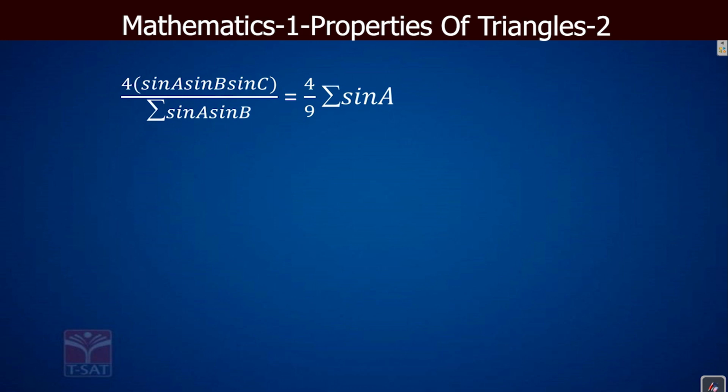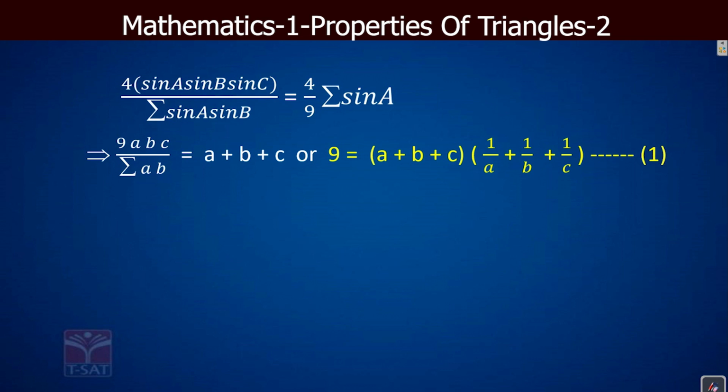Now sin 2A plus sin 2B plus sin 2C, you know, is 4 sin A sin B sin C. So 4 sin A sin B sin C by sigma sin A sin B is equal to 4 by 9 into sigma sin A. So the 4 will cancel, 9abc by sigma ab is equal to a plus b plus c, or 9 is equal to (a plus b plus c) into (a plus b plus c) by abc, or 9 is equal to (a plus b plus c) into (1 by a plus 1 by b plus 1 by c).